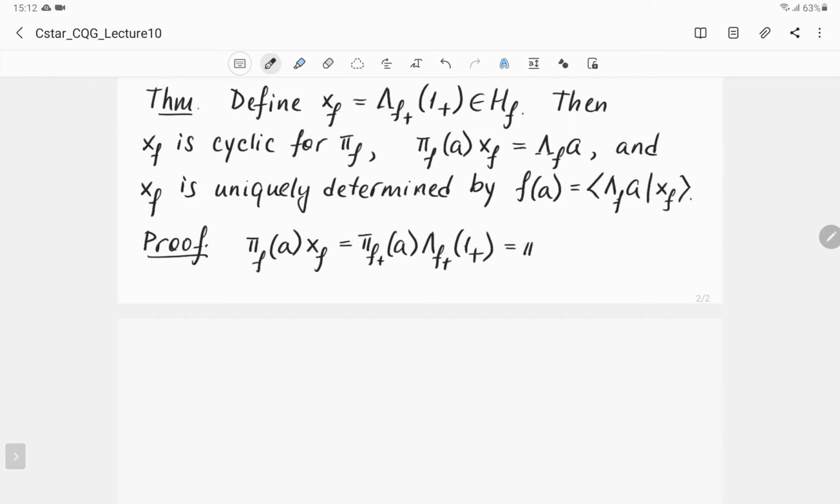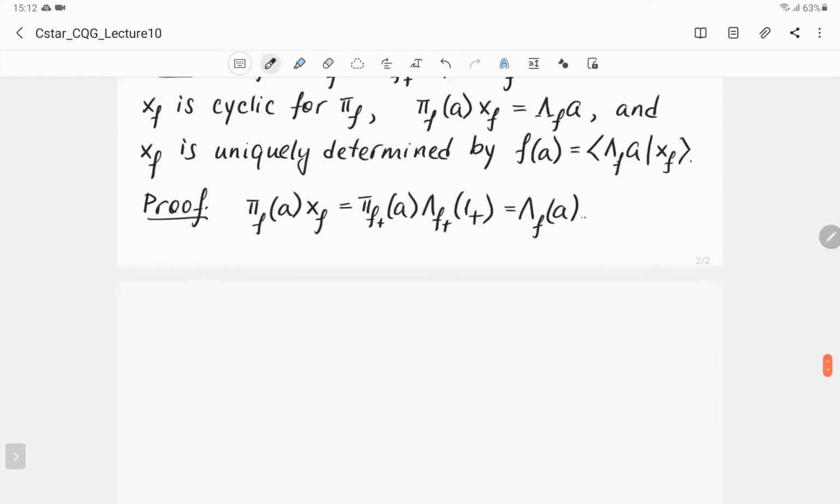So this is, of course, lambda F of a. So this proves this formula, and also this implies that our vector is cyclic, because we already know that the image of lambda is dense in HF. So in particular, this formula shows that xF is cyclic.